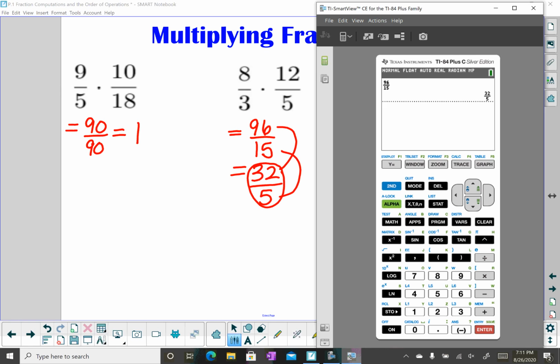Now, if you have an older version of the calculator and you don't see that alpha y equals enter function, you can type in a fraction by hitting parentheses, the numerator, the division, the denominator, and then end your parentheses. So this is what a fraction would look like, and actually this works in any TI-84 or 83 calculator. Hit enter.